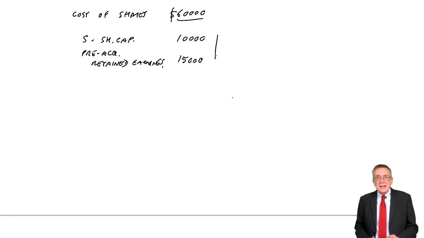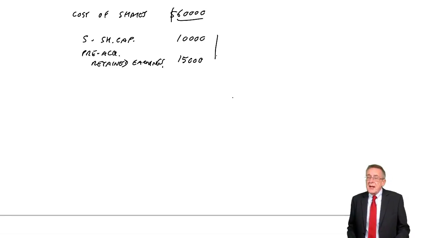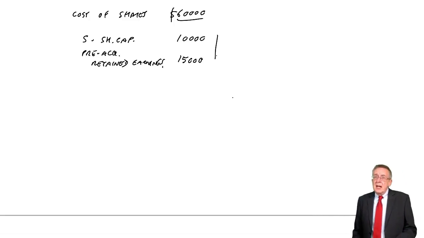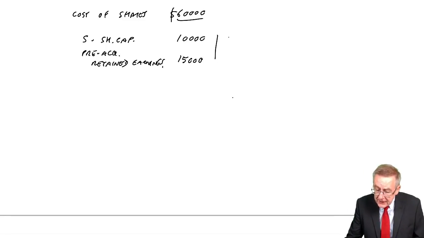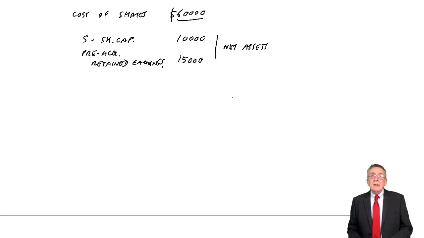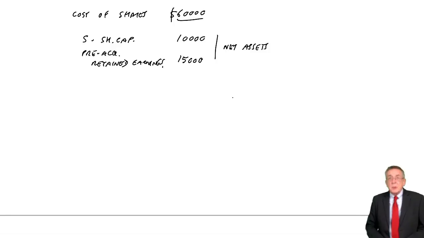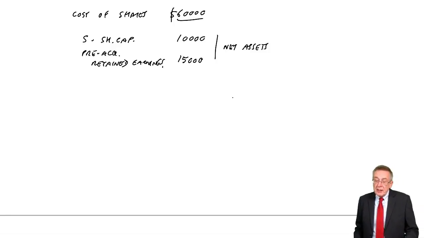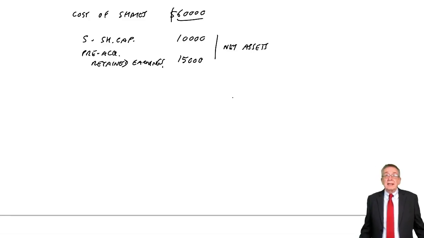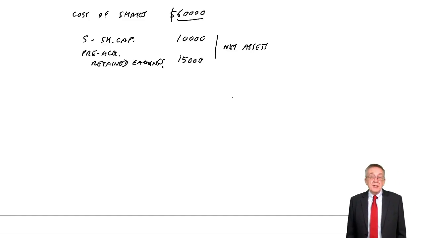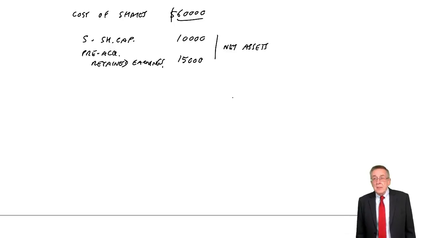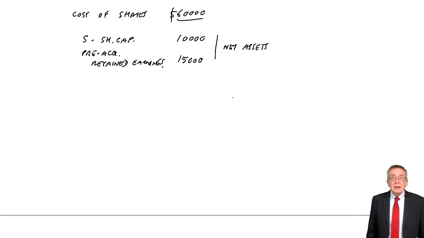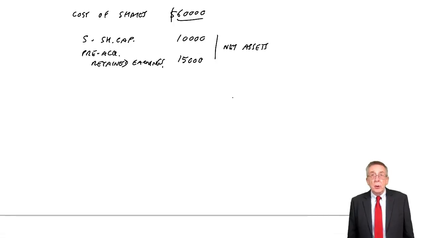So why have we paid 60? Well, as I said, there are two reasons. One reason could be that even though on S's statement the net assets would have been 25,000, we could have decided the assets were actually worth more than 25,000. You know, maybe one of S's net assets was a building, which they've been showing as normal at cost. But if that building is worth more, then obviously we have to pay more.